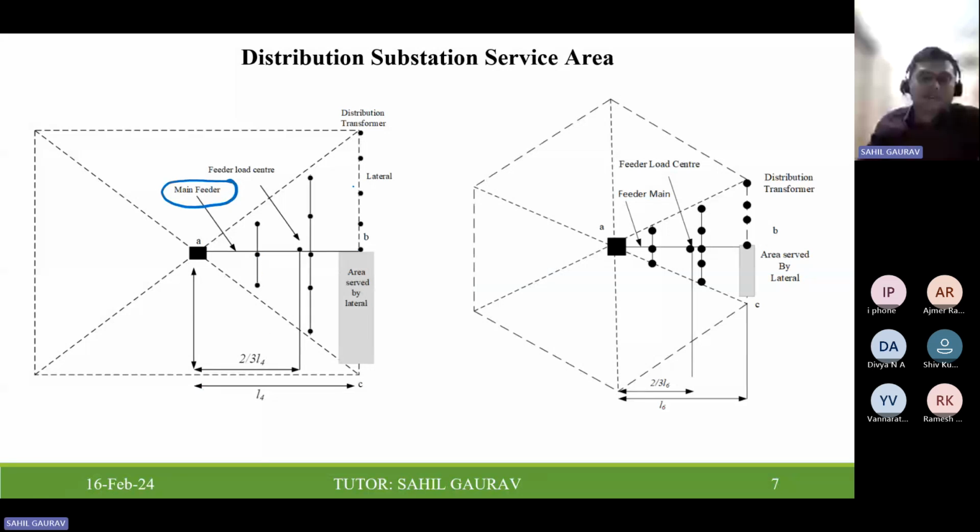Since the number of feeders is four, you can make this side, this side, this side. So total number of feeders 4. That's why we have denoted L4. Whenever we are writing L4, this 4 is denoting the number of feeders. And a square substation service area means we have 4 primary feeders.